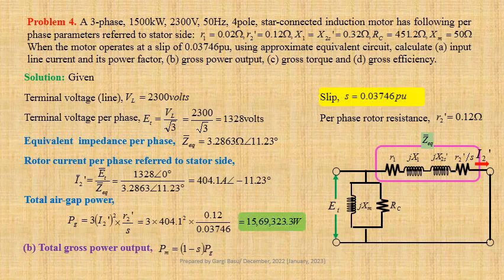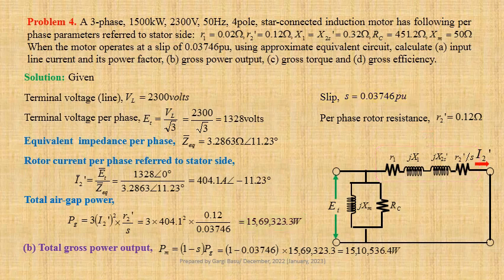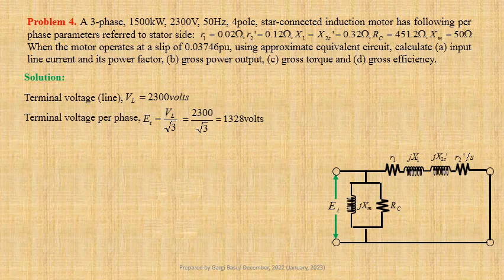Using values, we get (1 minus 0.03746) into 15,69,323.3. That gives us 15,10,536.4 watt.